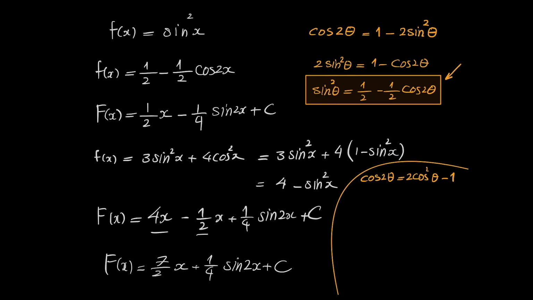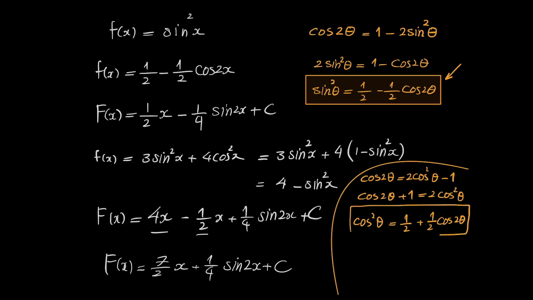Then I move 1 to the other side and divide by 2. So this means that cosine squared theta is equal to 1/2 plus 1/2 cosine 2 theta. That is the formula which will be useful if you want to do it in a longer way.